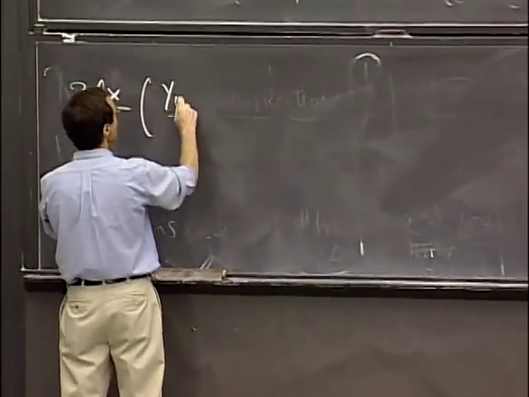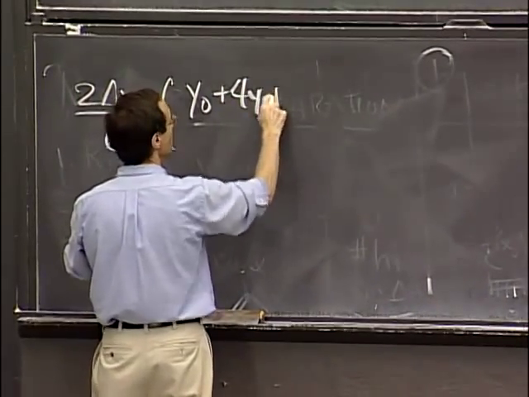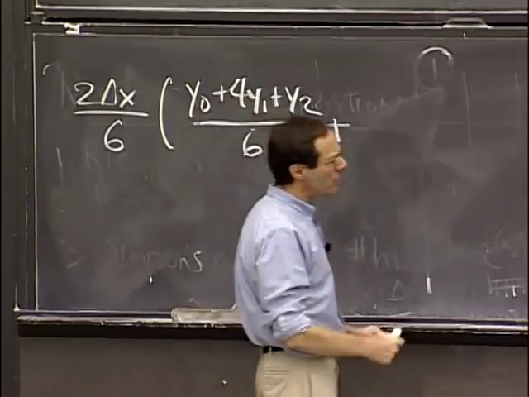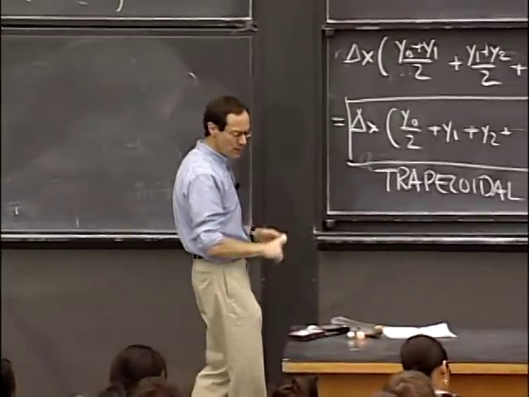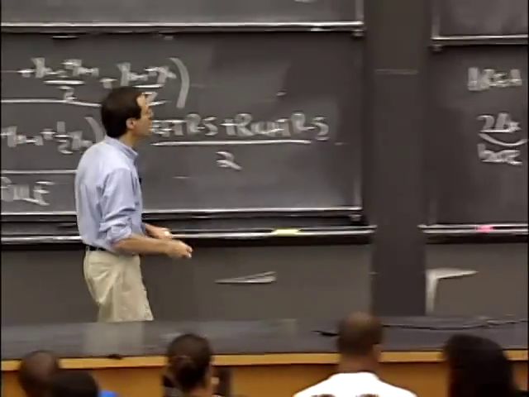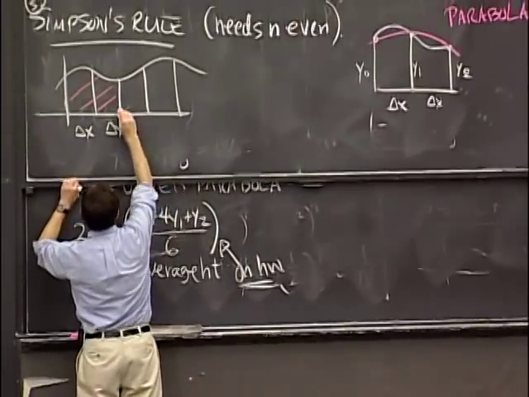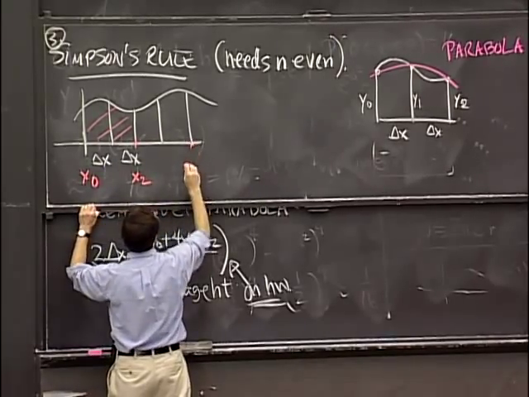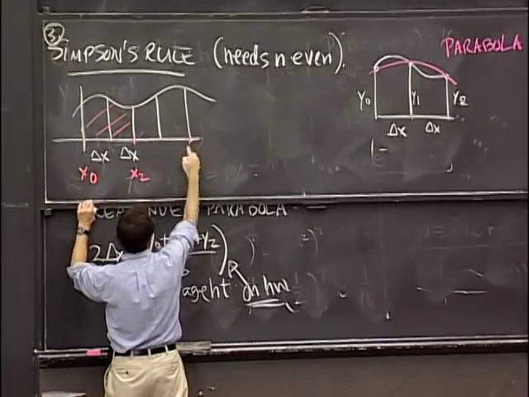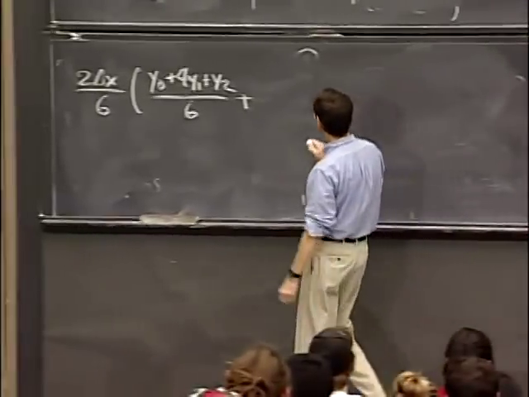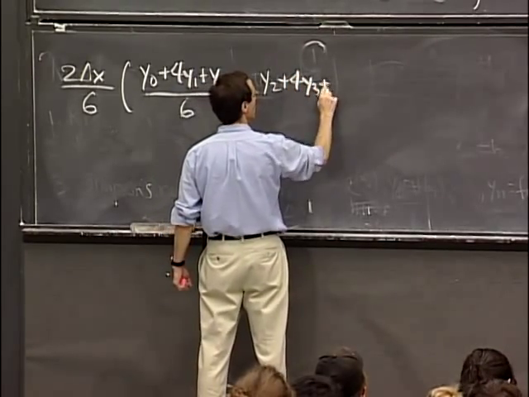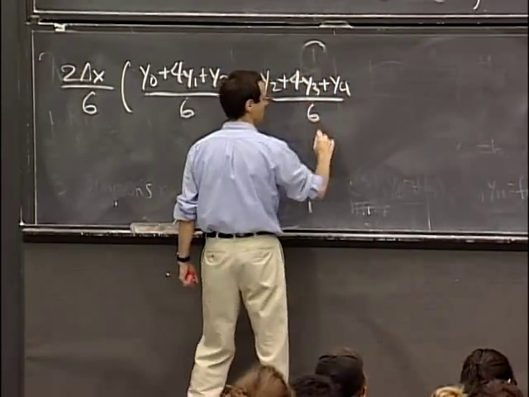And then we have y0 plus 4y1 plus y2 divided by 6, plus, that's the first chunk. Now the second chunk goes from x2 all the way to x4. So x2, x3, x4. The next one involves the indices 2, 3, and 4. So this is y2 plus 4y3 plus y4, divided by 6.